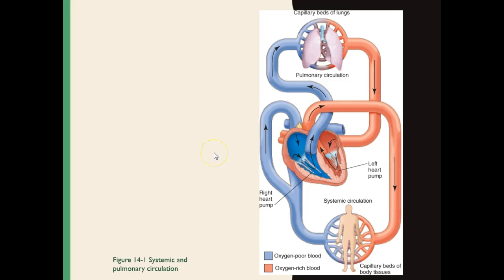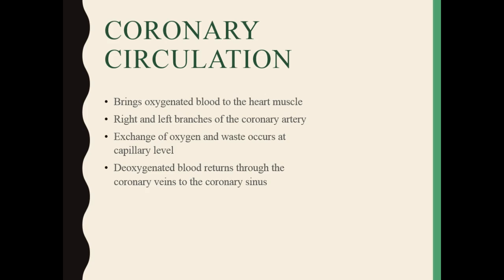Systemic circulation, this is highly stylized, but you can see the highly oxygenated blood leaving the left side of the heart, going out to the body in capillary beds where that exchange of oxygen and nutrients happens, and then returning back to the heart through the blue side, going back to the right side of the heart.